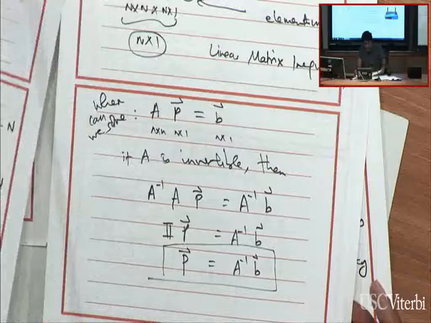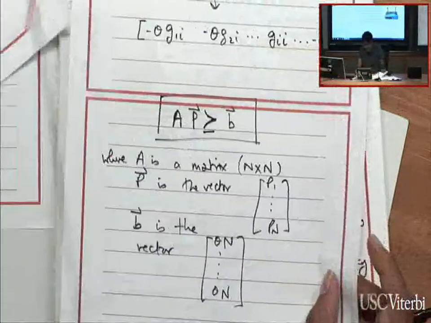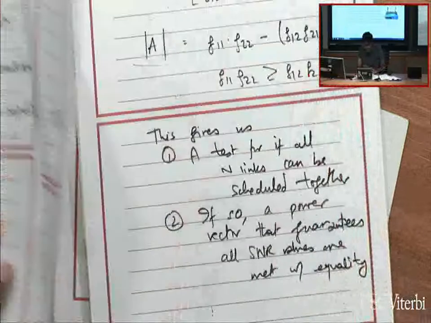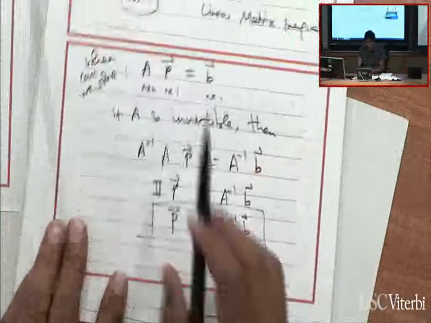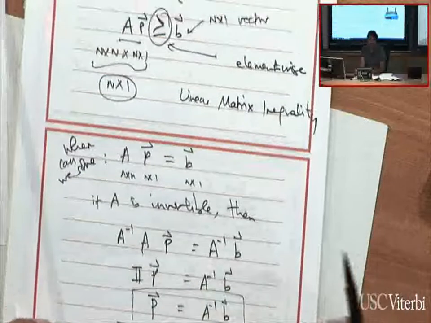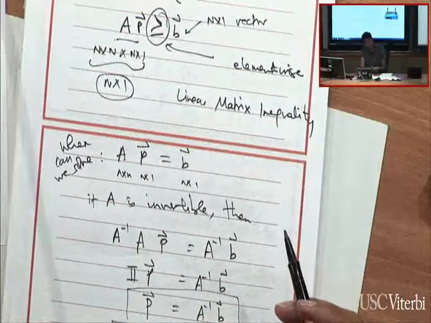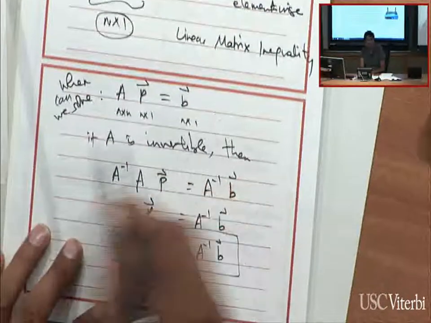There's a very simple thing you can do if for any reason you want to satisfy this not with equality, but with an inequality, like strictly greater than. This gives us a solution at which all of the SNR is exactly equal to theta. If you want a solution where all of the SNR is a little bit above theta, you could just add some epsilon to theta, and solve this equality.